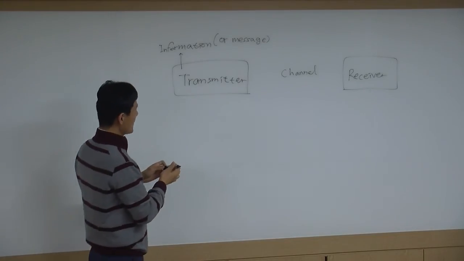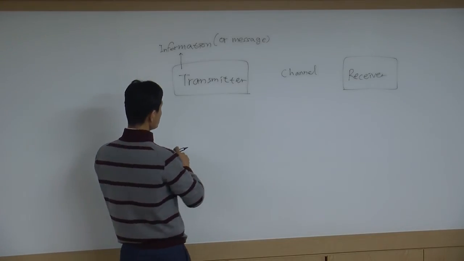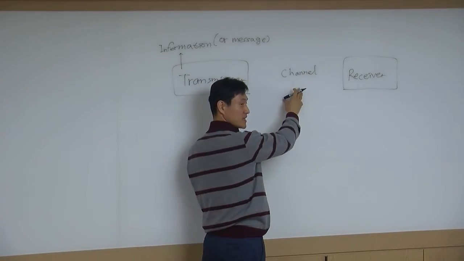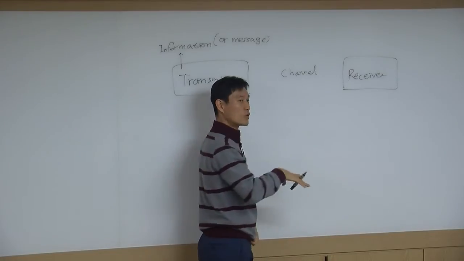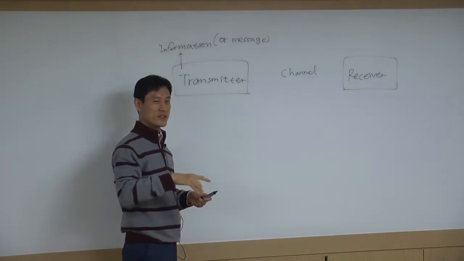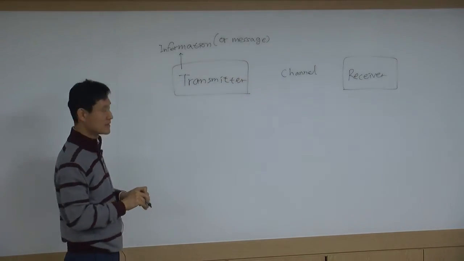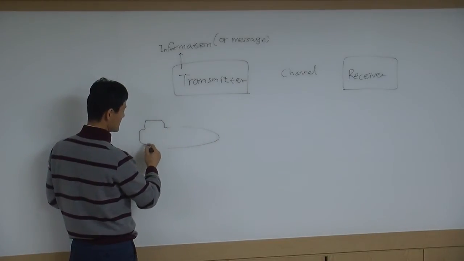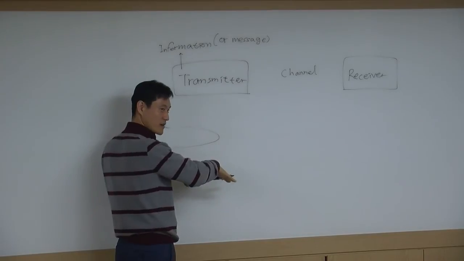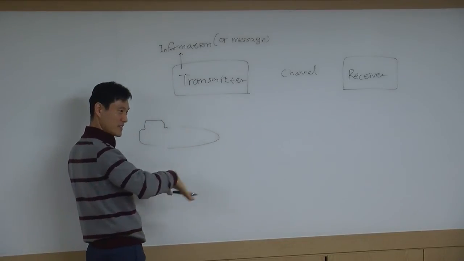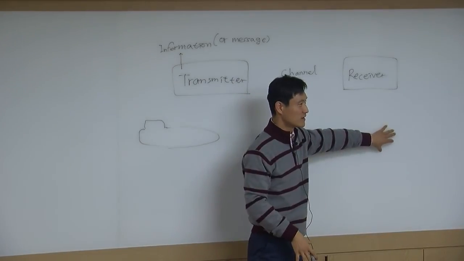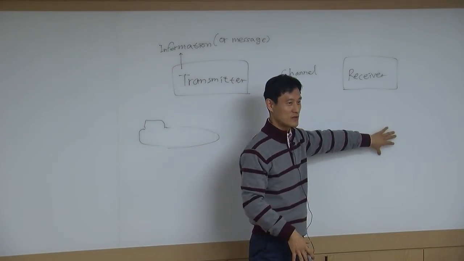But the most basic thing is that this channel, as I said, can be wireless, but sometimes it can be an underwater channel. Think about the submarine. You know submarine, right? In the deep ocean, a submarine needs to communicate with some other submarine or headquarters.